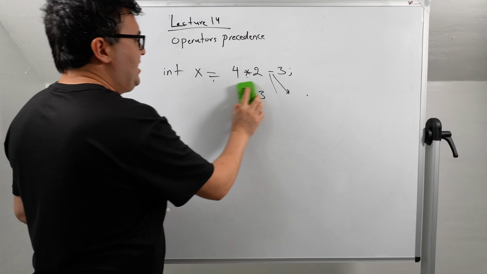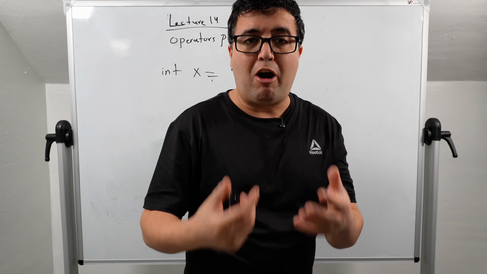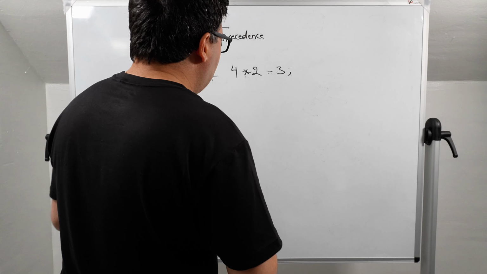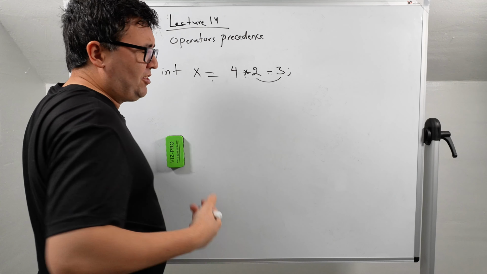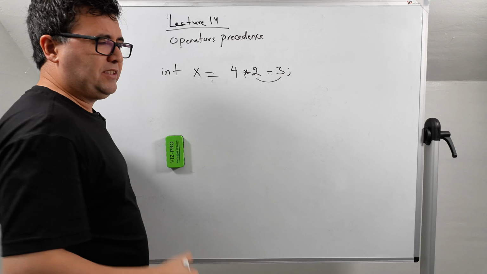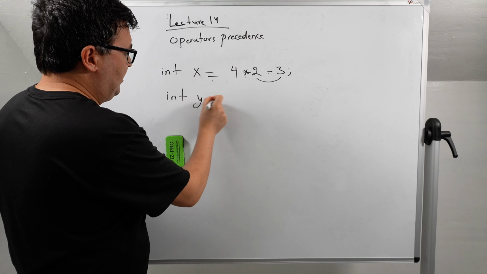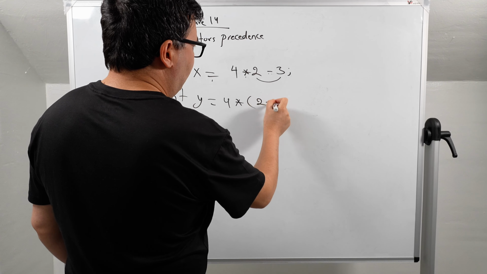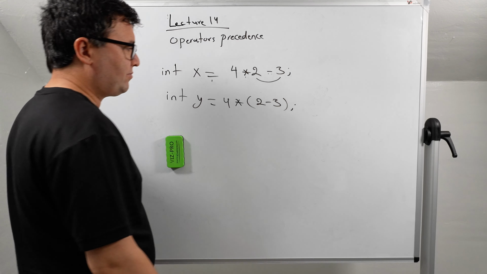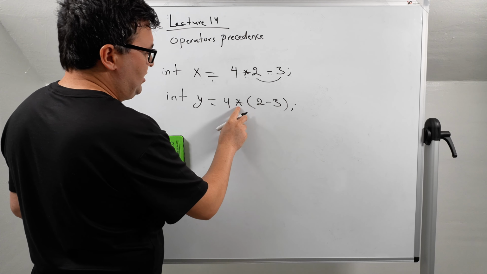When we write our programs, we should understand the order of operators in C++. If I want to first perform the subtraction, then the multiplication, I should write this expression like this: int y = 4 * (2 - 3). Parentheses have higher priority than multiplication.